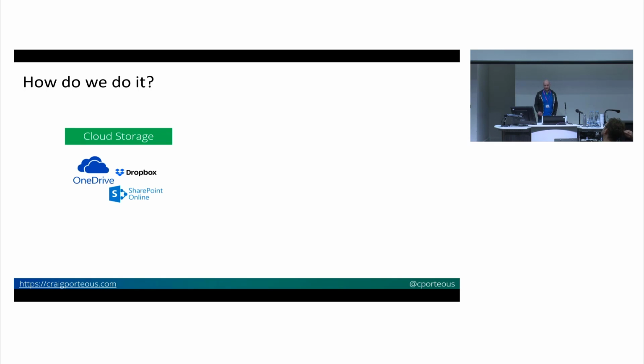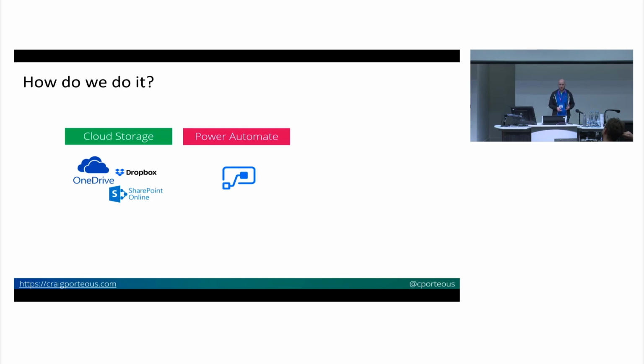So how do we do it? There's three main technical options that range in complexity to kind of work around what Power BI can't do itself. The first one being basics, and I hope everybody already does this. I'm not going to name and shame anyone by asking you to put up hands, but there's cloud storage, which is your OneDrive, Dropbox, SharePoint Online, any other cloud storage that's available as well.